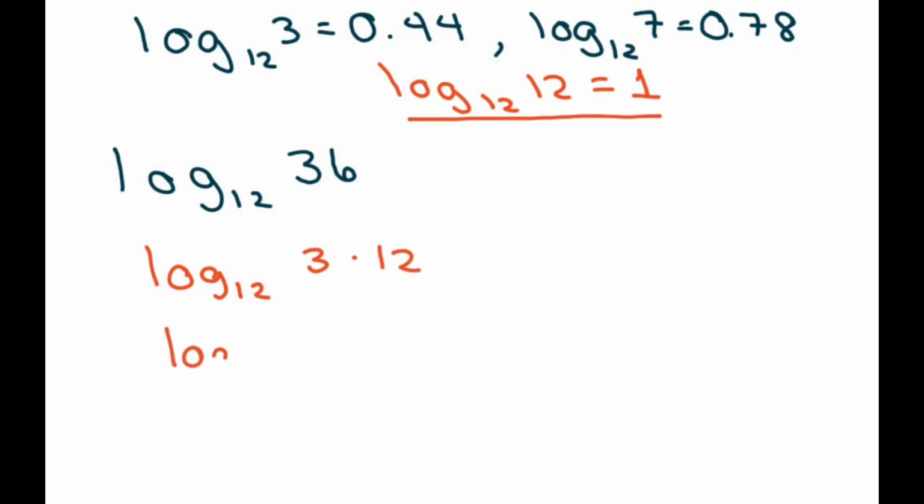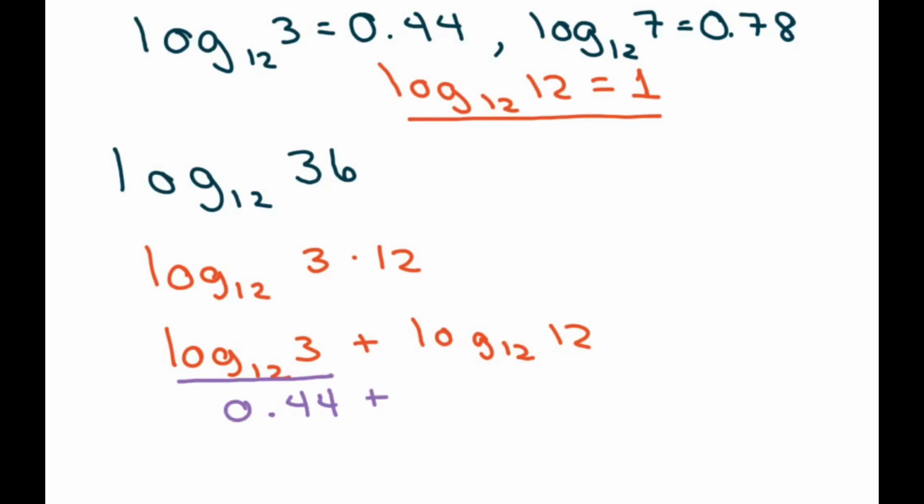So you get log base 12 of 3 plus log base 12 of 12. Using the product property, log base 12 of 3 is 0.44 and log base 12 of 12 is 1. So your answer is going to be 1.44.